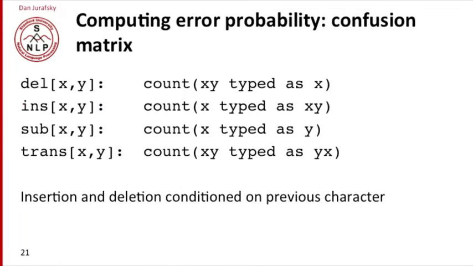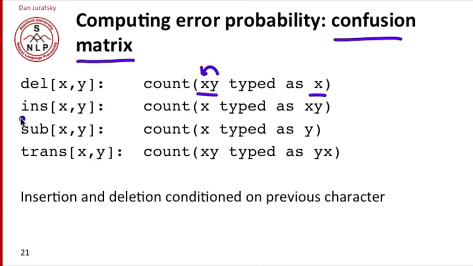is going to be some set of deletions or insertions or substitutions or transpositions, some set of edits. The way that we're going to model that is we're going to create a confusion matrix. And a confusion matrix says for any given pair of letters, how likely is a particular edit to happen. So for example, for the pair of letters XY, we want to know how often XY is typed as X, meaning how often is a Y deleted when there's an X right before it.